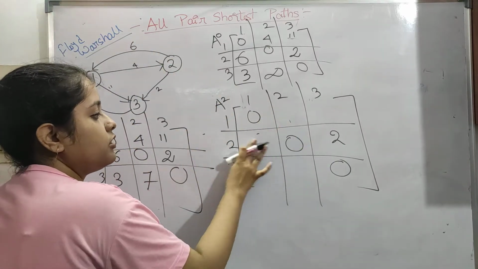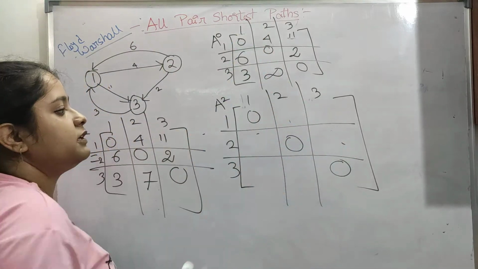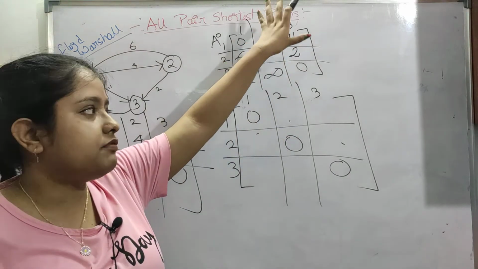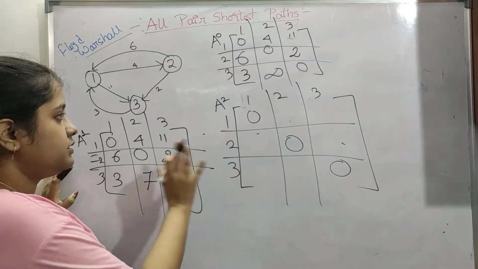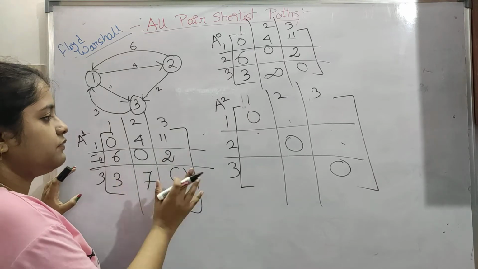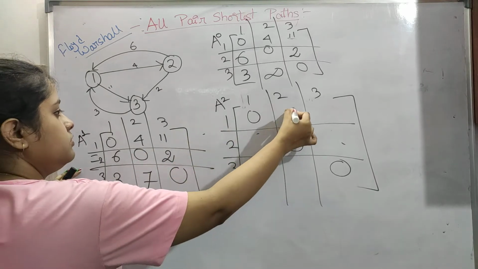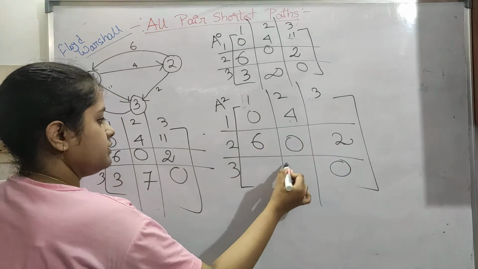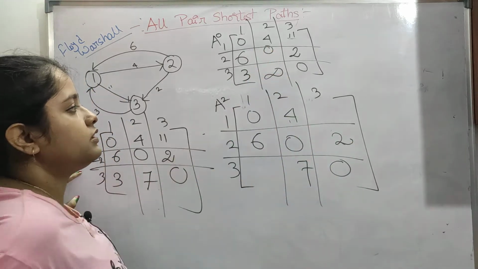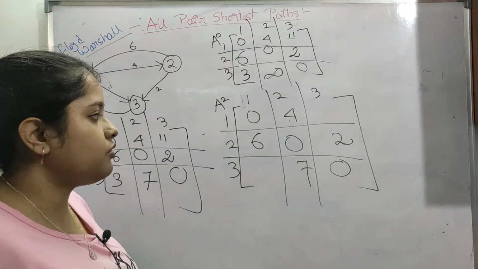Sorry, this is very important: don't look at the first picture, look at the previous matrix, always the previous matrix. So this is 4, this is 6, this is 2, and this is 7. If you had written infinity, it would have given you a wrong answer.